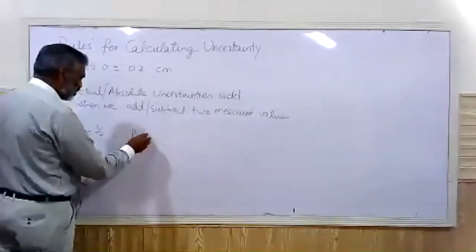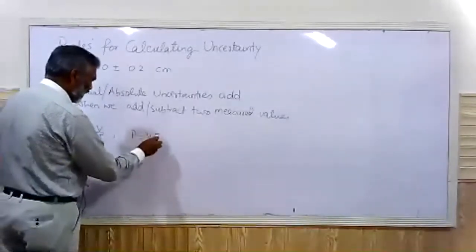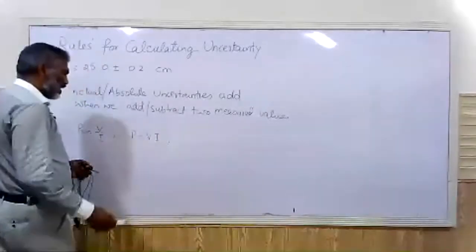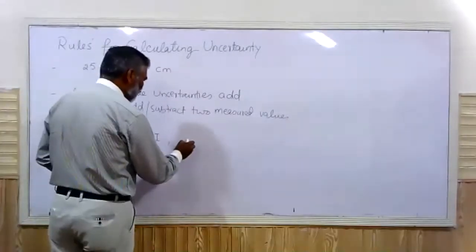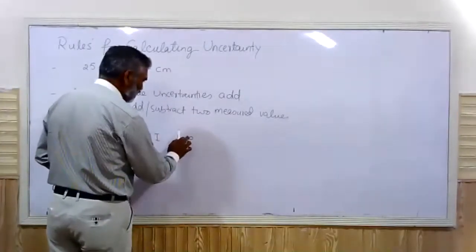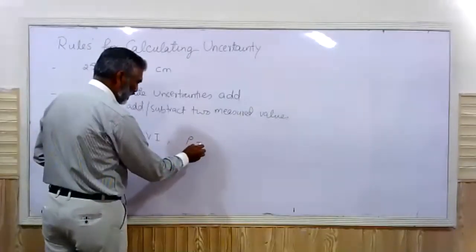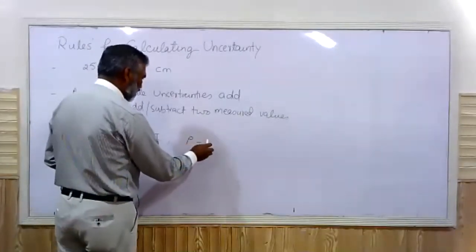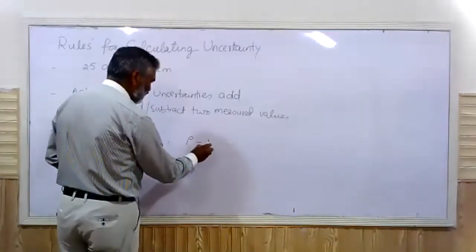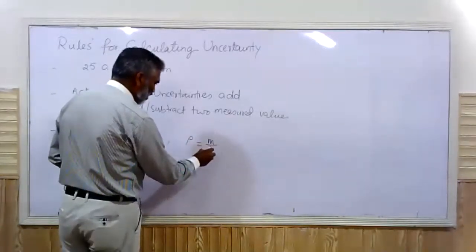P is equal to V into I. Similarly, a quantity density, which is written in this way, this is rho, the Greek letter rho. This is mass over volume, so M over V.